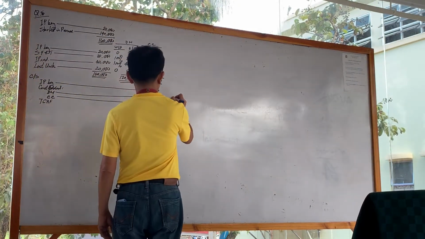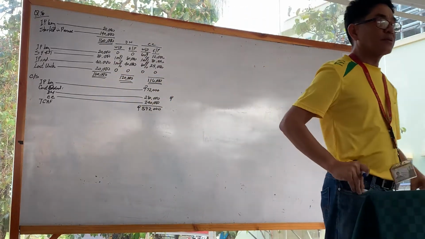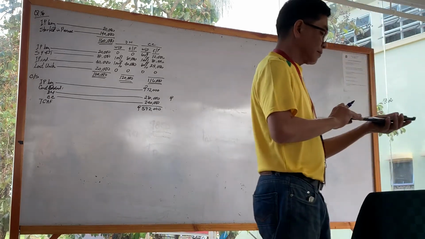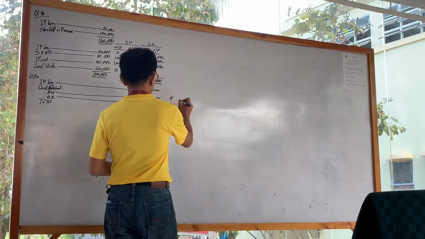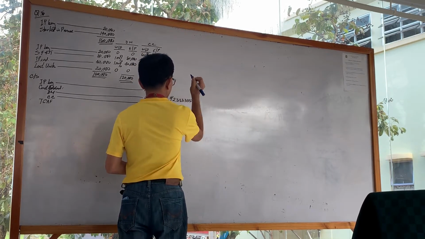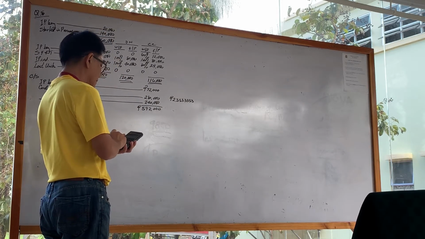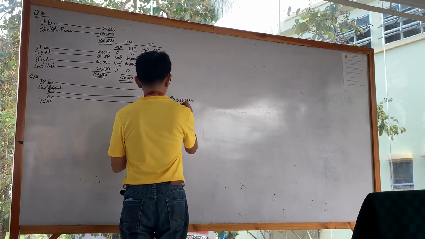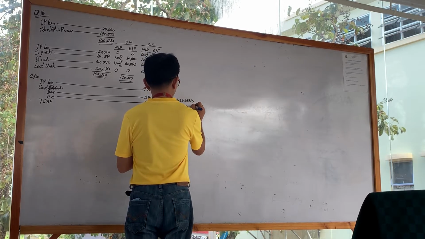Per unit, we have 280 divided by 120. Okay, we will use 7 decimal places. 2.3333333. And we have 240 divided by 116. 2.0689655.